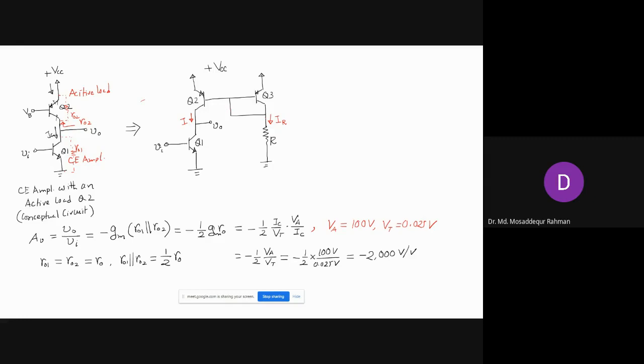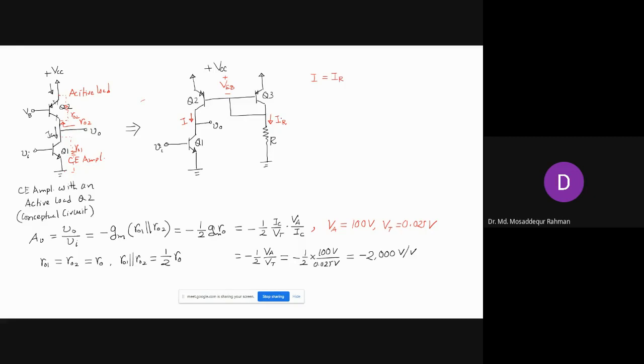And since this is a current mirror circuit that has the same emitter to base voltage, right? The bases are tied together. So they will have the same collector current. So this IR will be reproduced here in Q2, right? So I will be equal to IR, right? So that's how we can supply the required bias current to the transistor Q1.